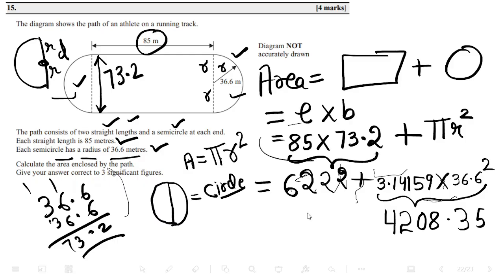So do we really get 4,000? Let me just try to do it in my head again. Can I just try 3.14159 multiplied by 36.6 in my head again?